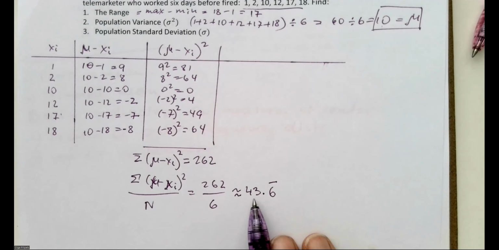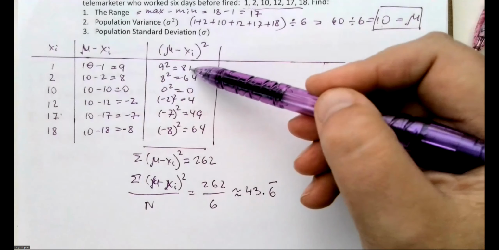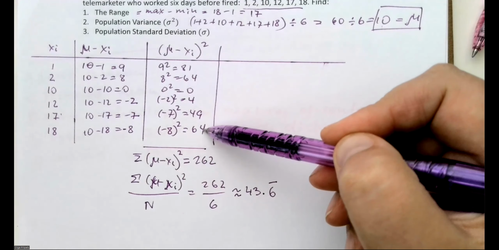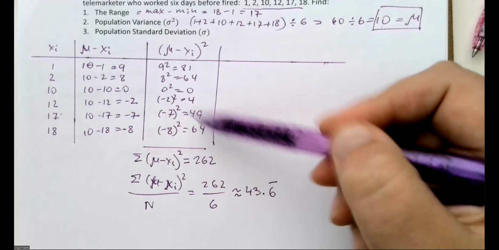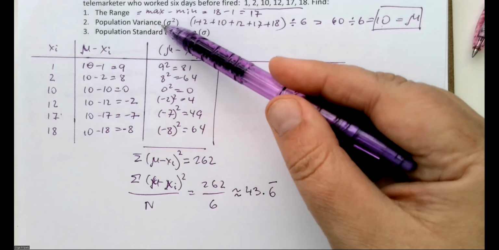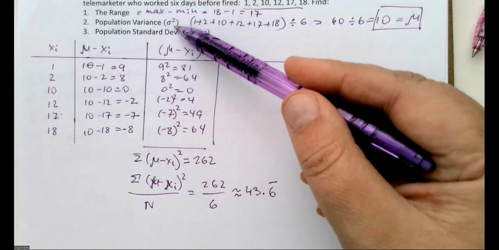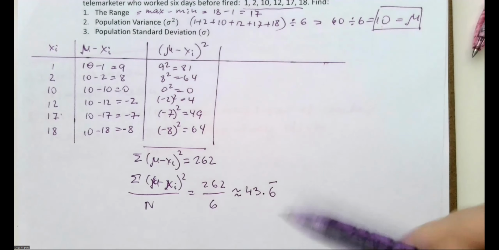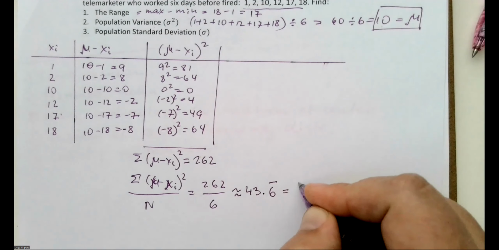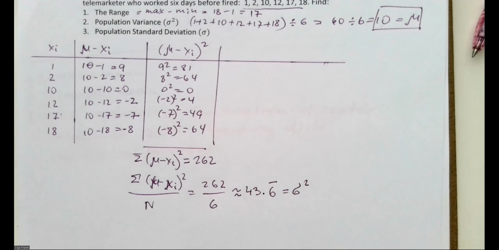Okay, so this average of these squared distances is our population variance, and it's denoted by sigma squared. This is what it looks like when I write it by hand.